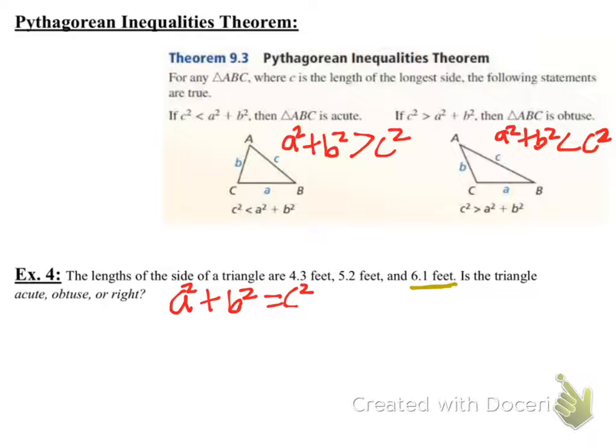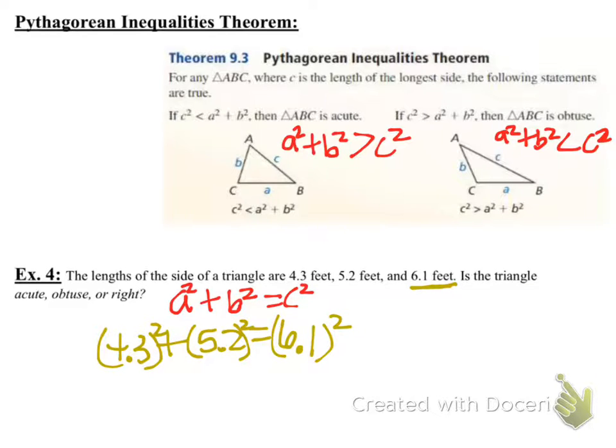It's bigger than 5.2 and 4.3, so I know it's the biggest side. So I want to plug these things in. So I have 6.1 squared, 5.2 squared, and 4.3 squared. Okay, so there's that. I just want to work those things out.